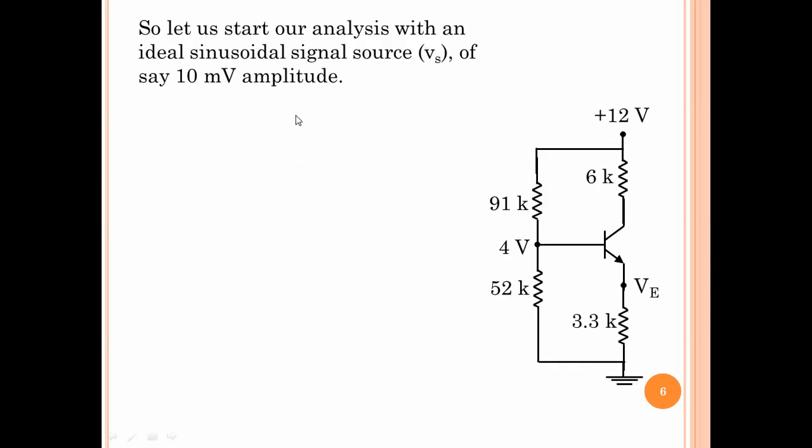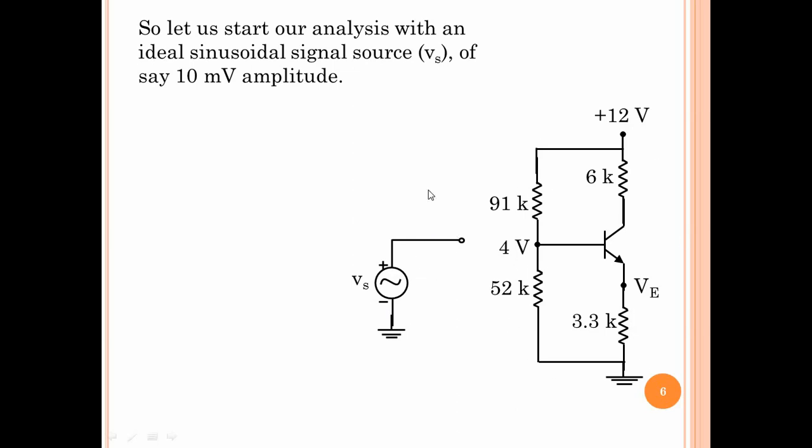Okay, so let's start. To begin with, we'll assume that our signal source is ideal. Ideal in the sense that it doesn't have any resistance. The Thevenin's resistance is 0, and let's assume some amplitude, let's say 10 millivolts. So this is our signal source, this is the circuit, this is our amplifier.